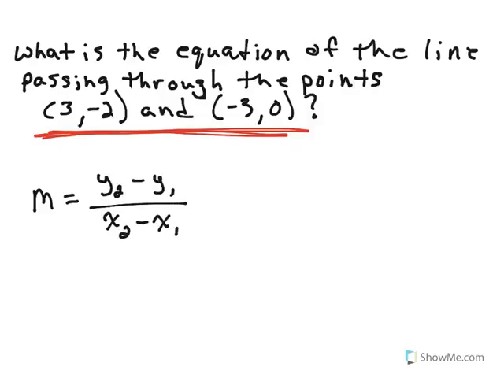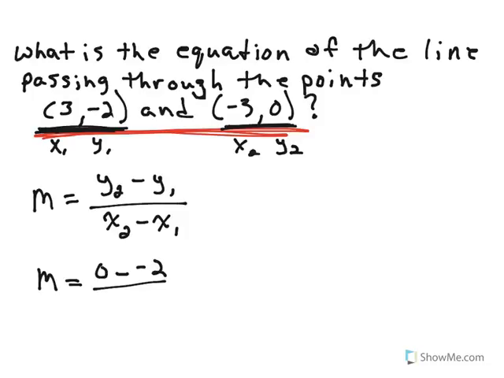So we're going to use our first set of coordinates as x1 and y1, and our second set of coordinates as x2 and y2, and replace those values in our formula. That gives us m equals 0 minus negative 2 divided by negative 3 minus 3.